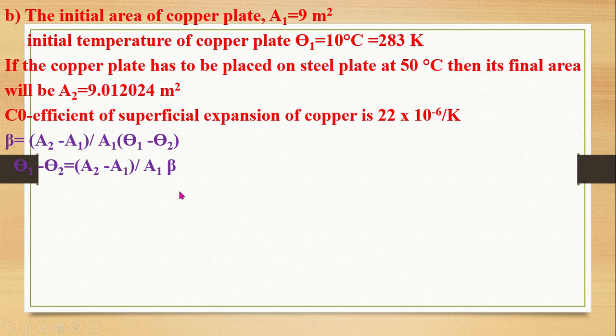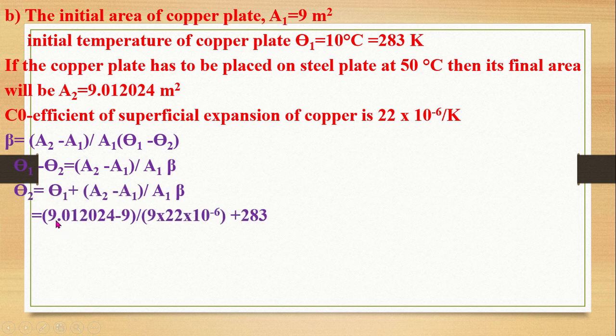So what will be the final increased temperature? We have to find out that. That means we have to find out theta 2. So theta 2 equal to, it comes like this by calculating all this.